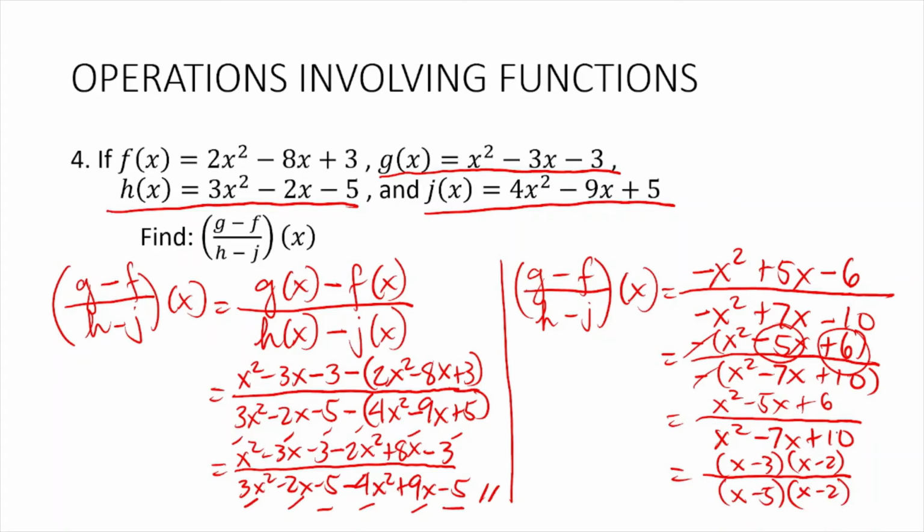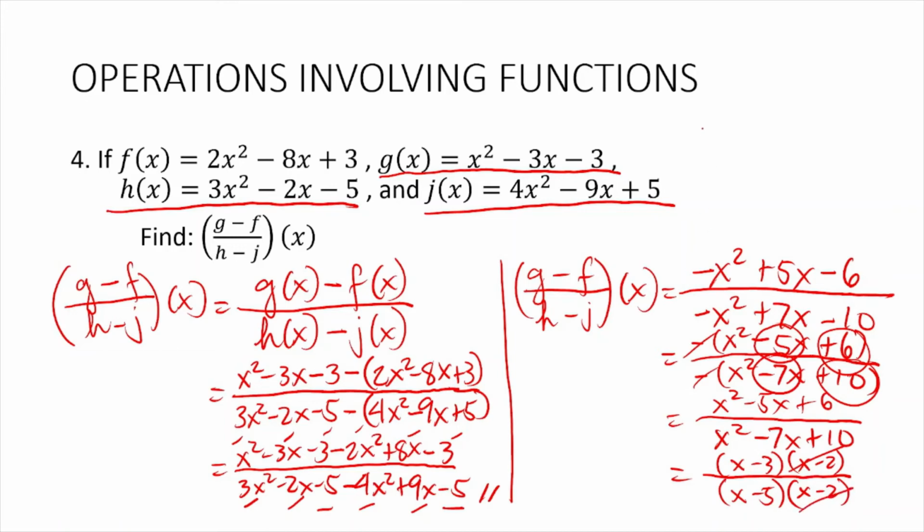So that's positive 10, right? And then take the sum. So that's negative 5 plus negative 2. So that's negative 7. Okay. Therefore, it's correct. And then, as you can see, x minus 2 is common for both the numerator and denominator. So we can cancel x minus 2. And so we are left with x minus 3 divided by x minus 5.